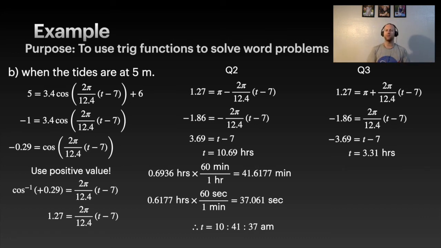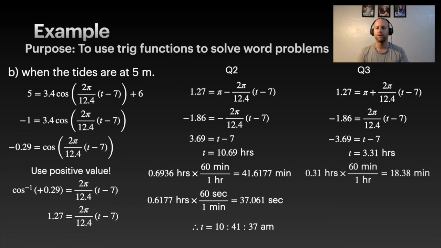We now need to figure out the minutes and the seconds. So 0.31, this is our second half, that part of a fraction of an hour, times it by 60 minutes over an hour, we get 18.38 minutes. So 18 minutes. Now we need to figure out how many seconds. So I've got 0.38 of a minute, gives us 22.939 seconds.